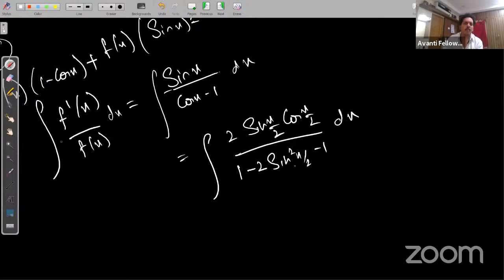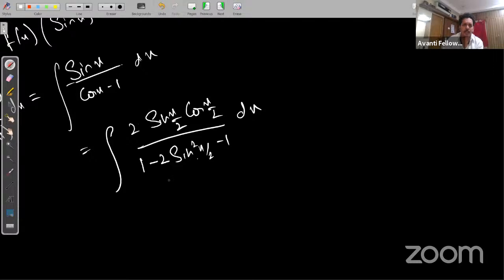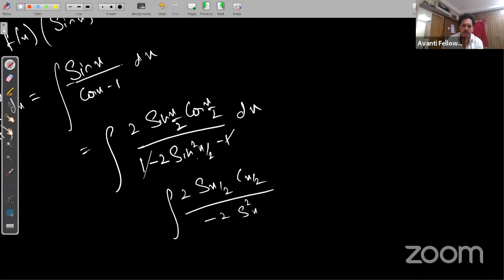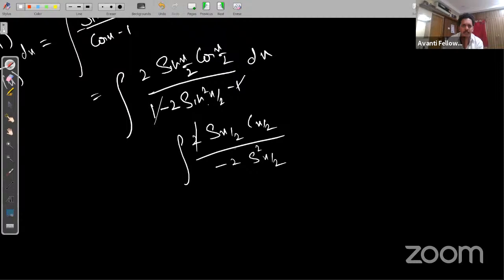Okay, so what is happening, guys? Look at here, everyone. Since 1 and 1 get cancelled, you are left with the integral of 2 sin x by 2 and cos x by 2 divided by minus 2 sin square x by 2. So this is what you are left with, right? If you cancel 2 and 2 and take minus outside, and sin x by 2 and sin x by 2 get cancelled, you're left with the integral of cos x by 2 by sin x by 2.